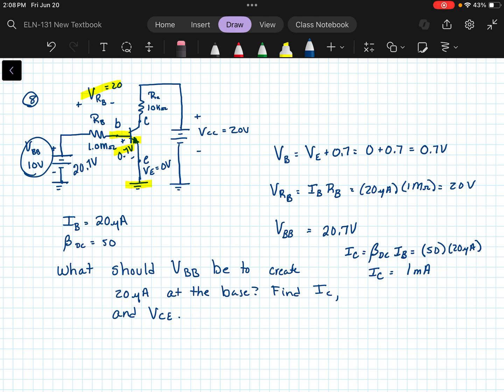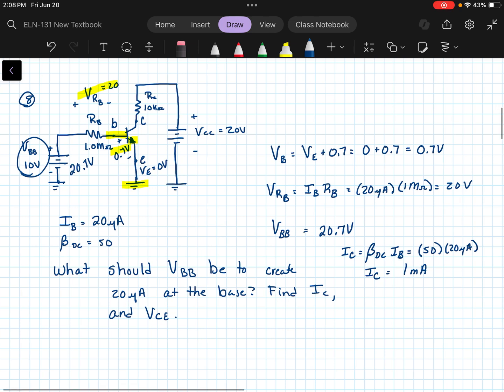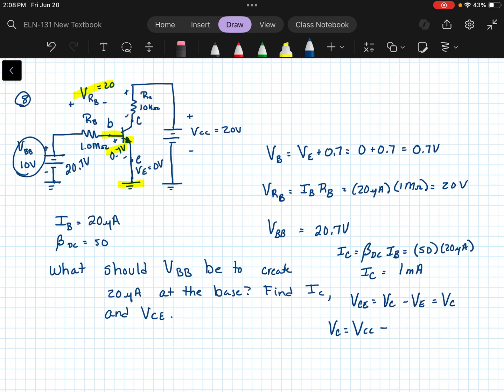And then VCE would be whatever the voltage at the collector is minus VE, and we know that VE is 0, so it's really just going to be VC. And we get that by taking our VCC that we're applying and subtracting whatever the voltage drop is across RC.